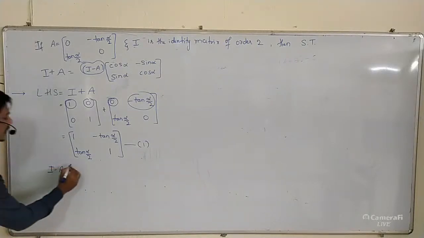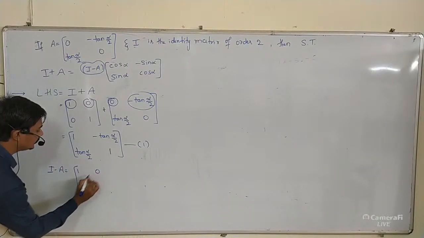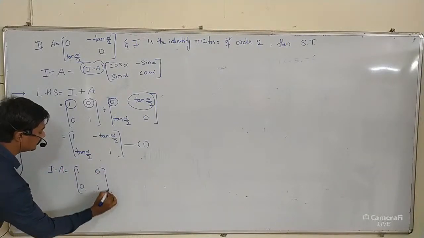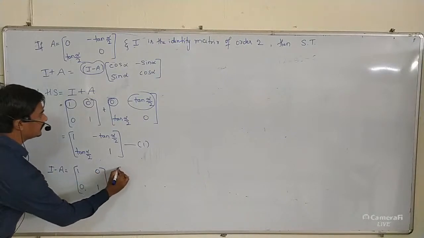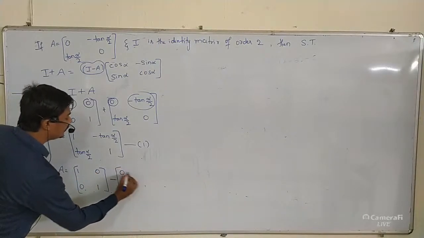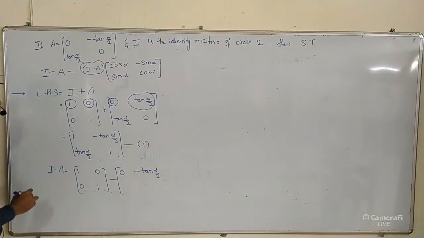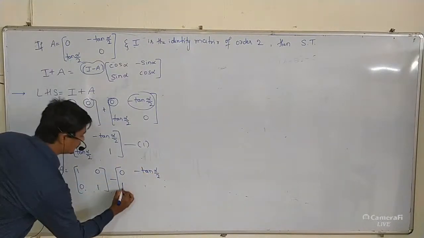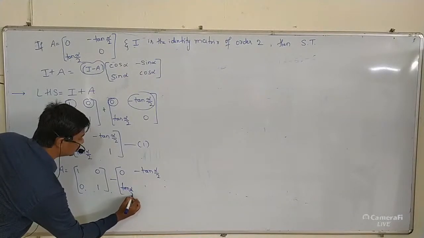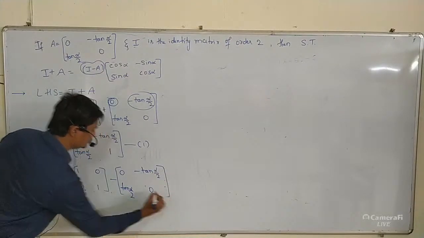So I, [1 0; 0 1], minus A matrix [0, minus tan alpha by 2; tan alpha by 2, 0].